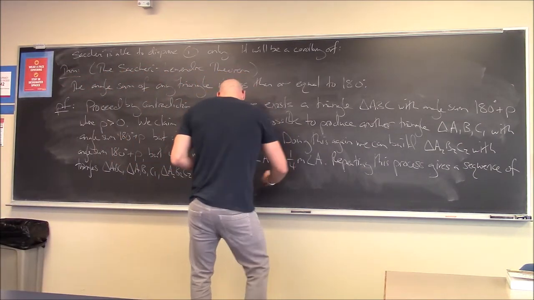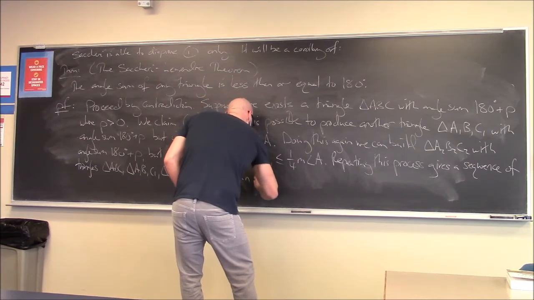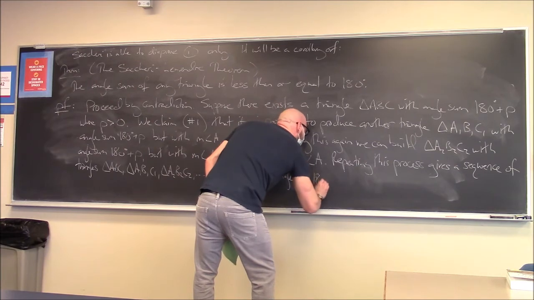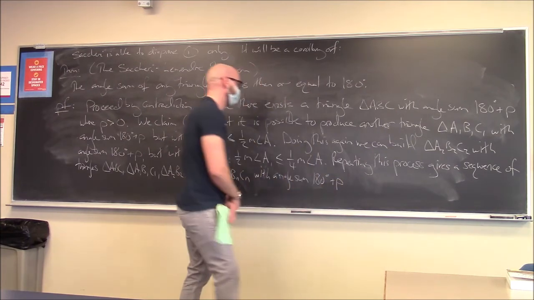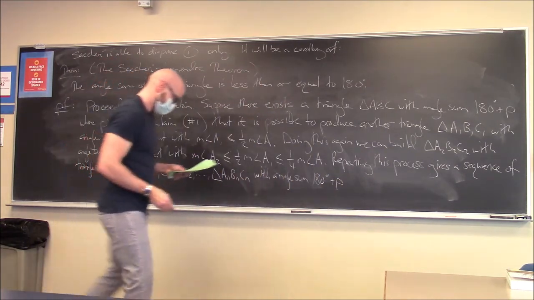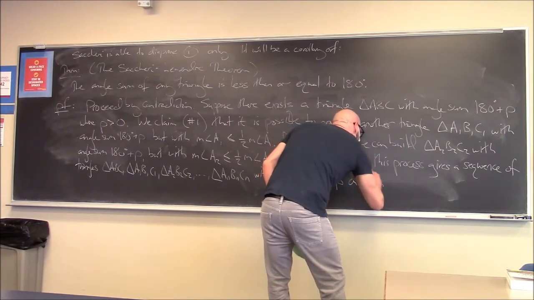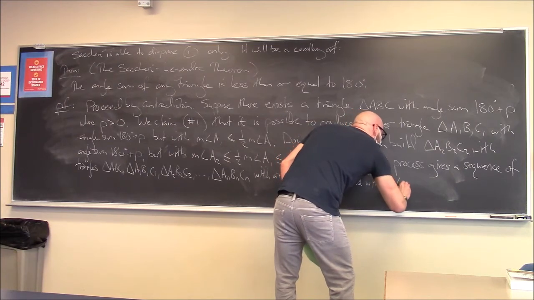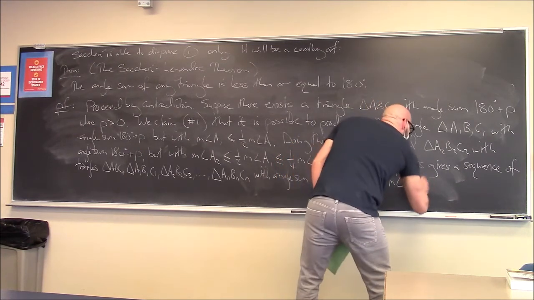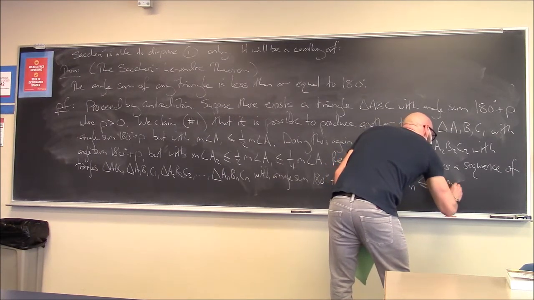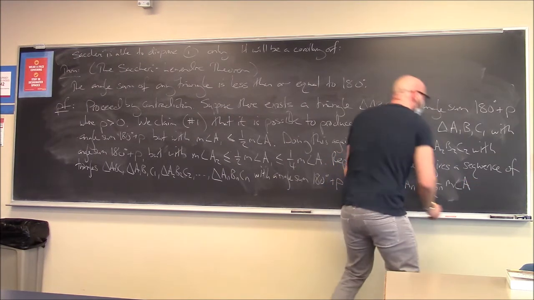Okay, a sequence of triangles with angle sum 180 degrees plus p, and with the measure of the angle An less than or equal to 1/2 to the n times the measure of angle A.